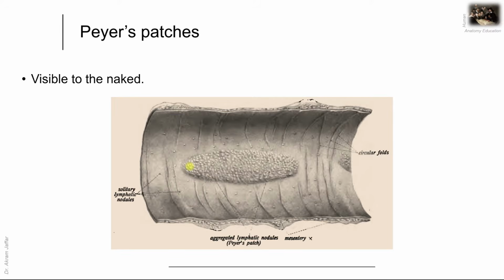Actually, they are located in the antimesenteric border. Remember that the ileum and the jejunum, they have a mesentery. And so these lymphoid follicles that constitute the Peyer's patches are located at the antimesenteric border within the mucosa and extending into the submucosa.